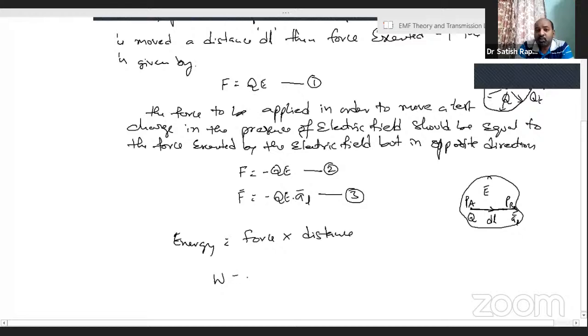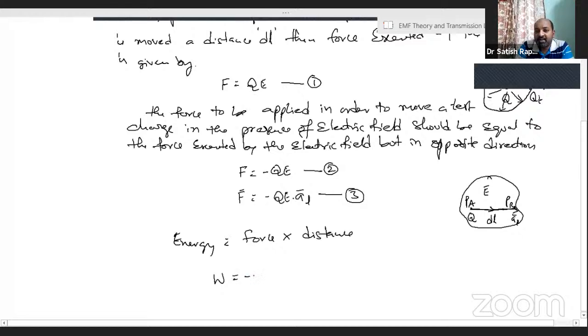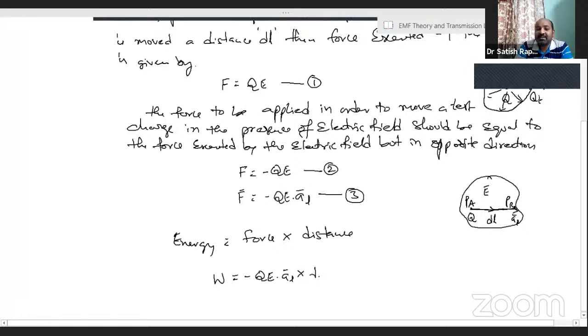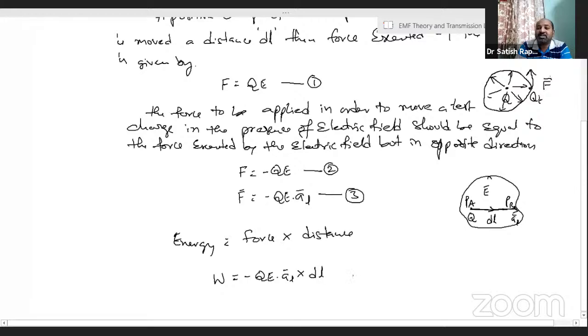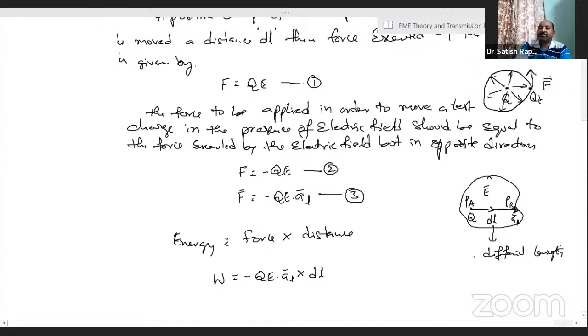So this is equal to force, minus QE a_L bar, into distance dL. This is the differential length dL, the differential length in the presence of the electric field.